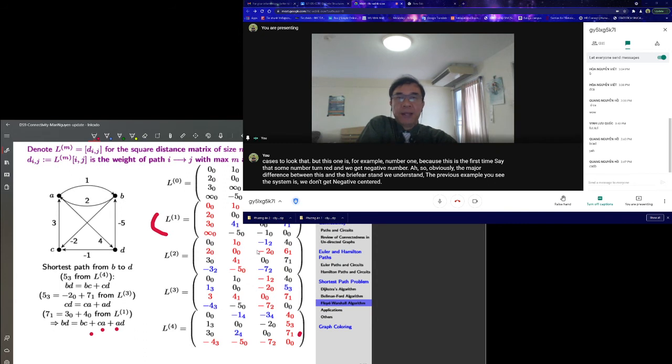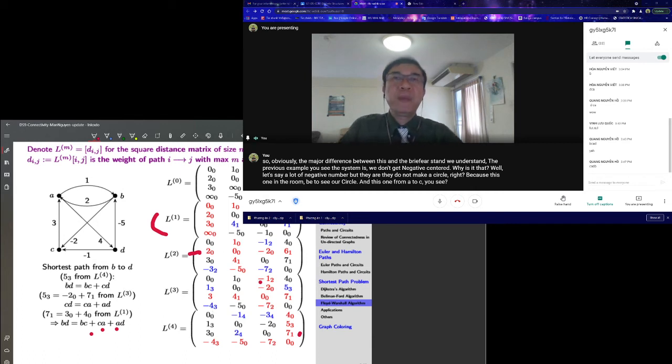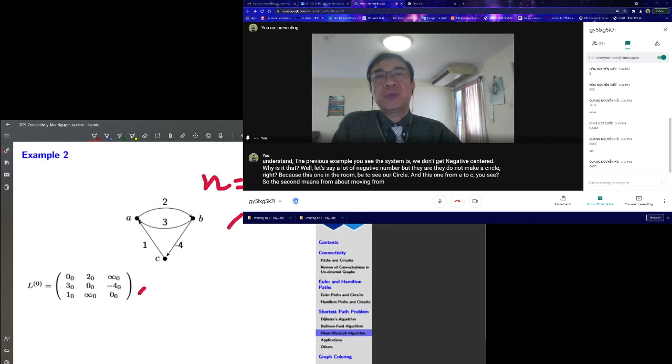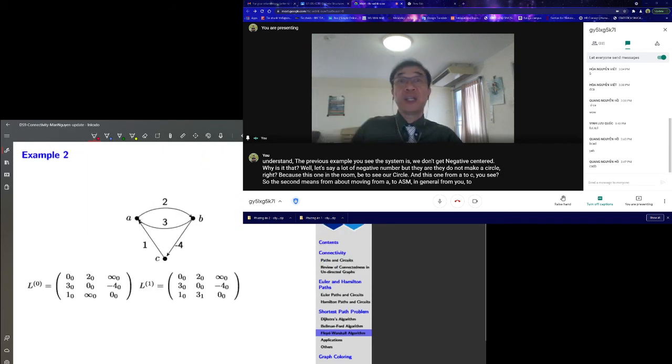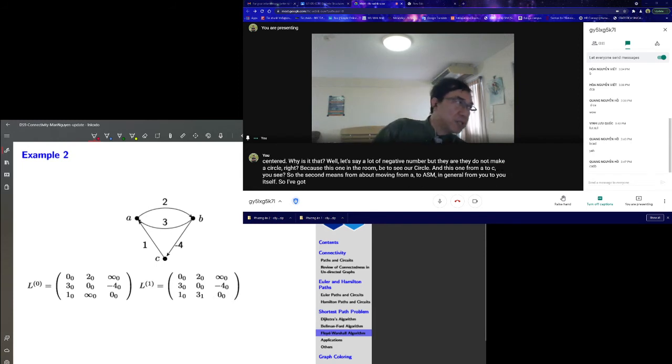Why circuit? Well, let's say there are a lot of negative numbers, but they do not make a circuit, right? Because this one means from B to C, not a circuit, and this one means from A to C. A circuit means a path moving from A to A itself, in general from U to U itself. The beginning and the stopping are the same node.